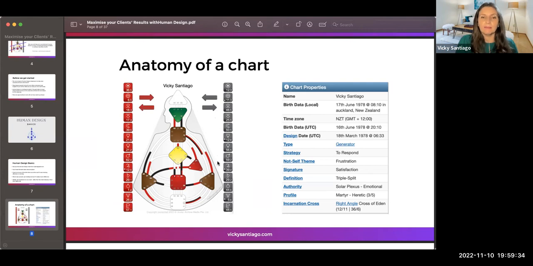The black means that this was where it was at the time of your birth. It's the same here, you'll notice the black in the channels. You can see, where's one here, 48. That's black for me there, and then you can see I've got 48 down here on the black side. So that's all that means.